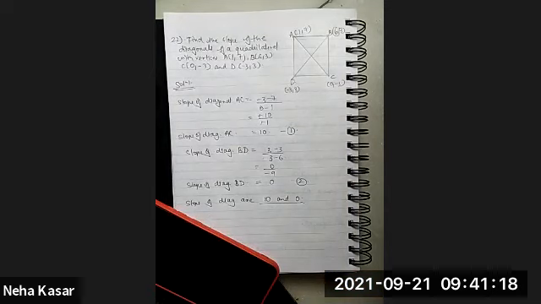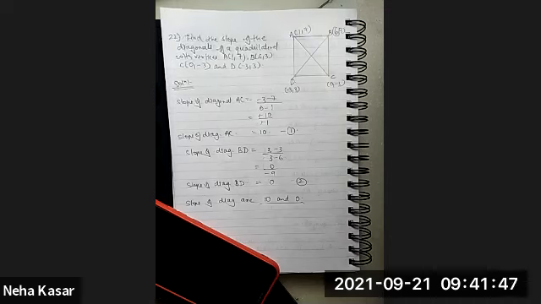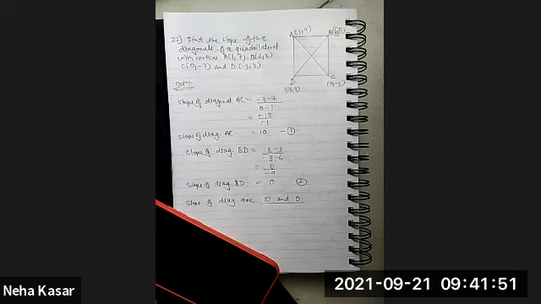With this we have completed this chapter, and also we have solved the practice sums from the solved examples. In next class we'll revise the entire chapter. We'll again go through the formulas, go through some of the solved examples, and then after that I will give you a small test, and during the online class only we can discuss the answers.